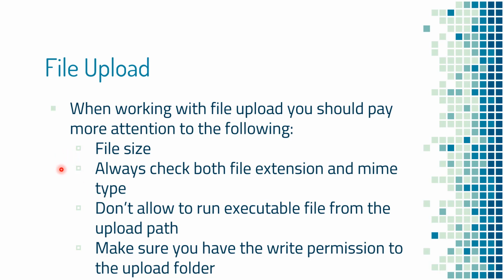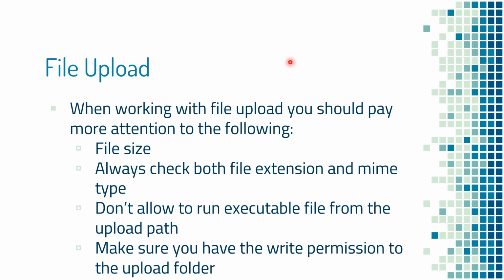Okay, another really important thing is to always check both the file extension and the MIME type. Back in the days, most developers would check just the extension of the uploaded file. For example, with image.jpg, they just check whether this file ends with jpg or not.